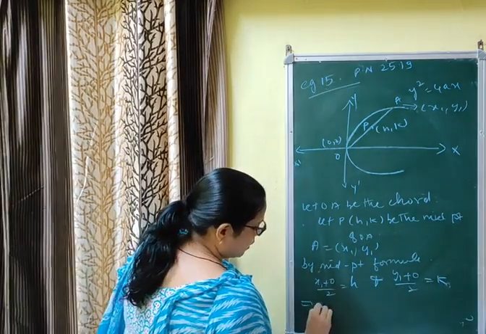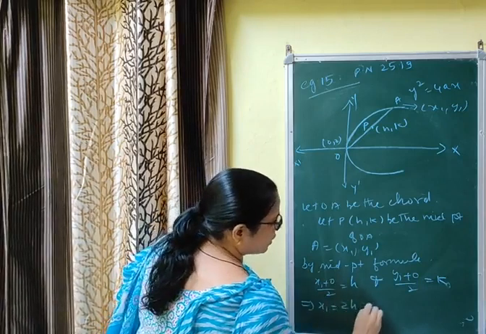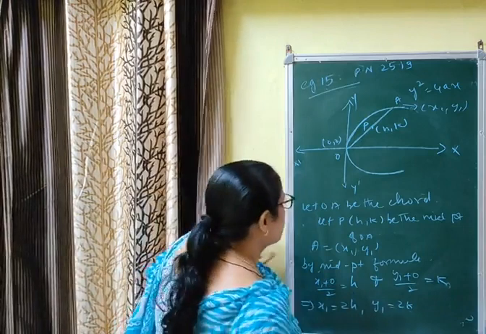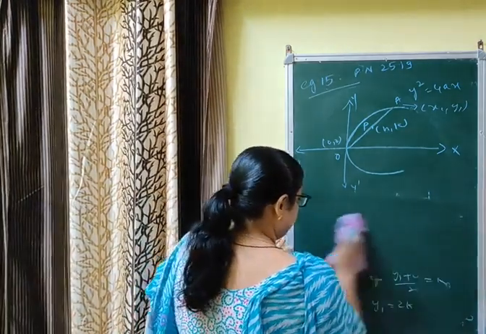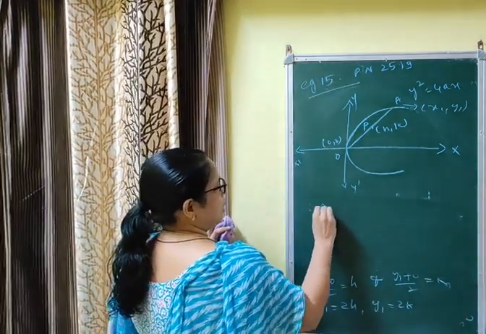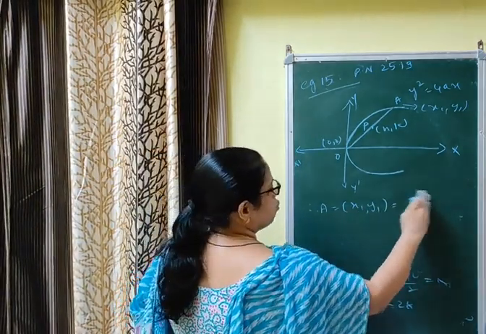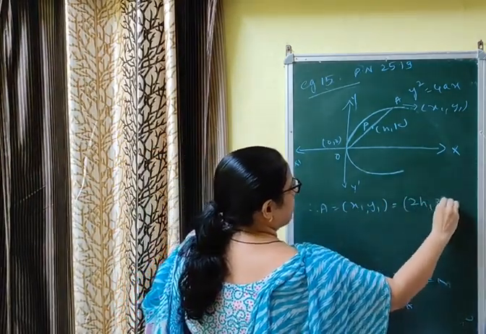That implies x1 is equal to 2h and y1 equal to 2k. Therefore, the coordinates of A (x1, y1) become (2h, 2k).